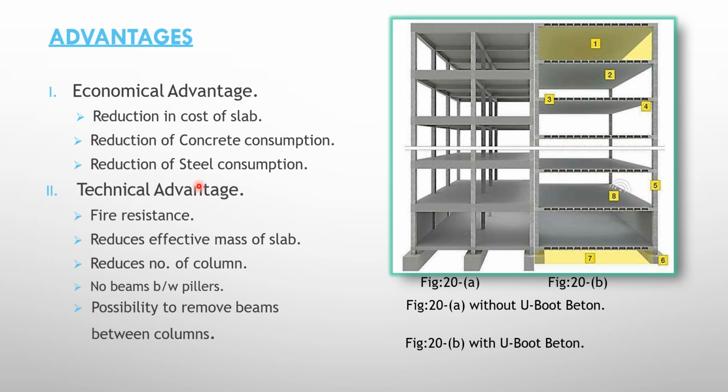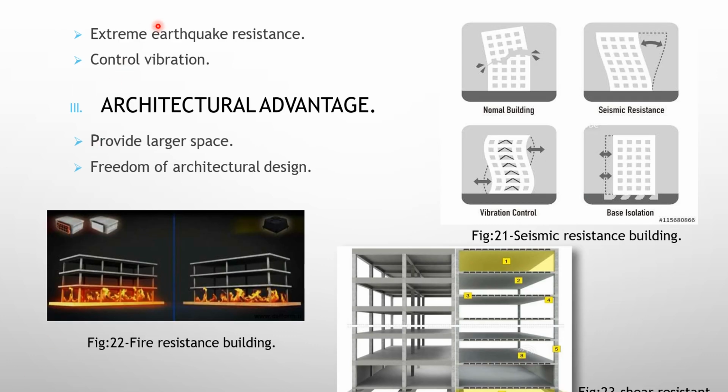The next advantage is the technical advantage. Under that comes fire resistance, reduced effective mass of the slab, reduced number of columns and beams between pillars, and the possibility to remove beams between the columns. Then extreme earthquake resistance and vibration control. So those were our technical advantages. Now coming to the architectural advantage, it provides larger space and freedom of architectural design.